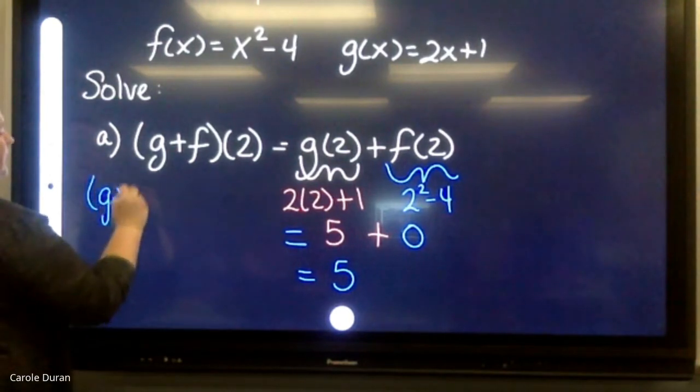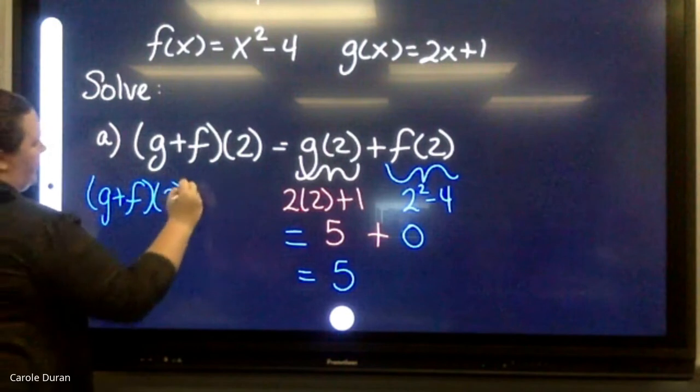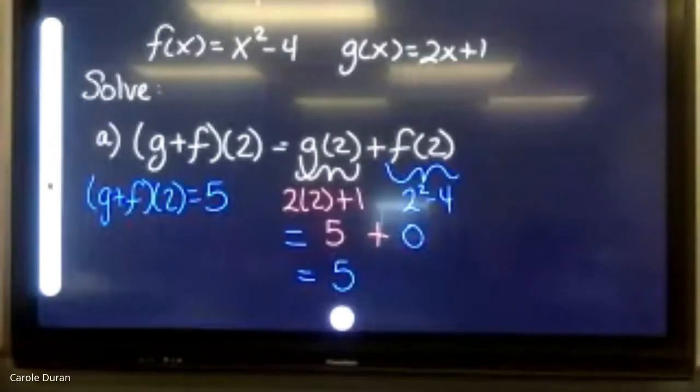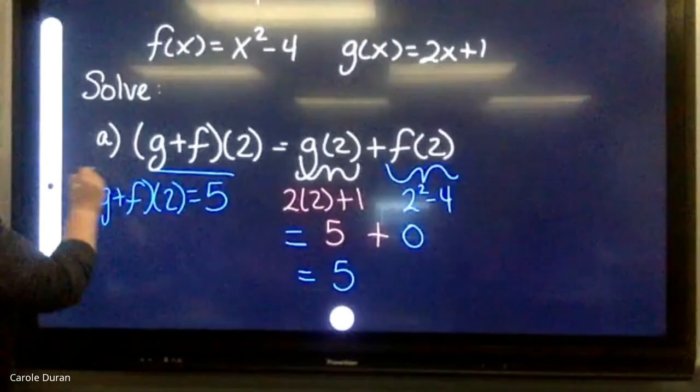You don't have to worry about any domain when we're plugging in a specific value, unless, of course, that value would not work. How do we feel about that? I prefer your answers written like this.